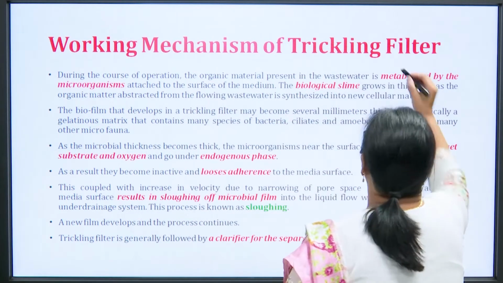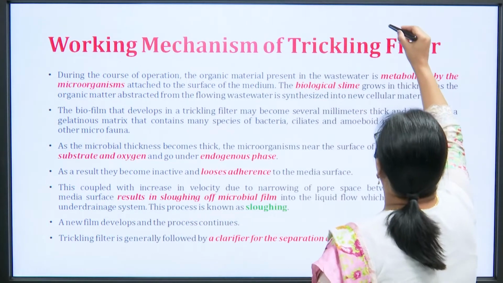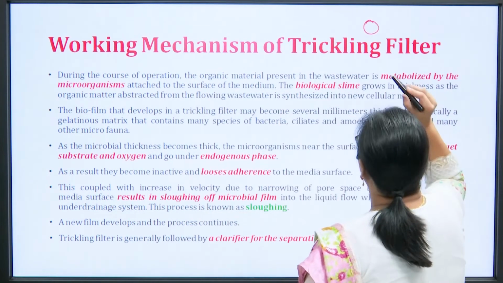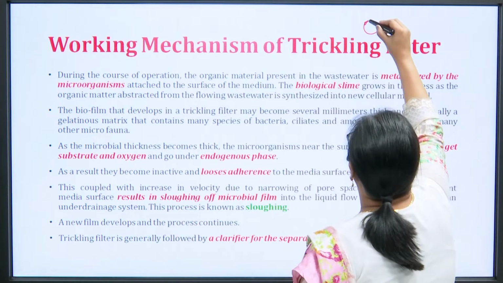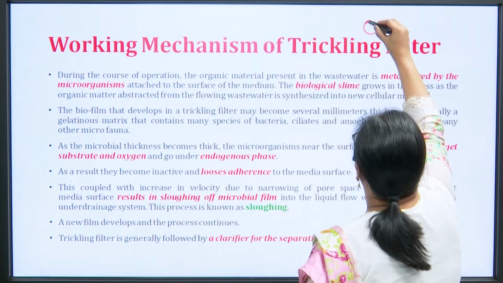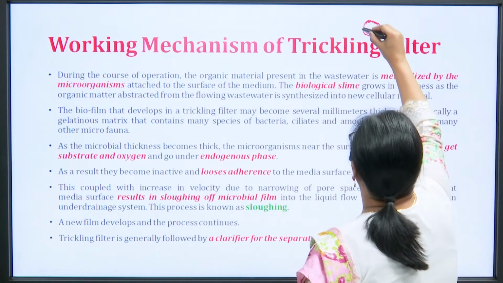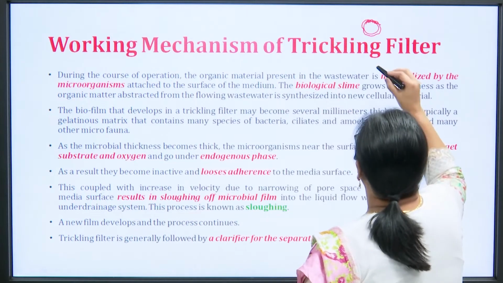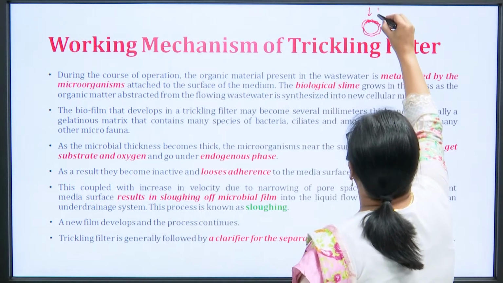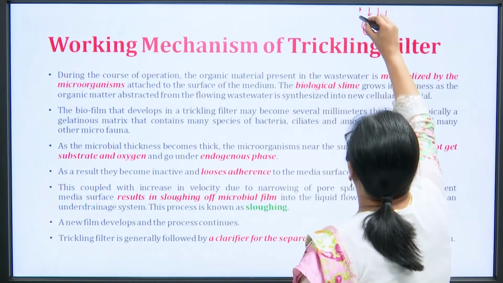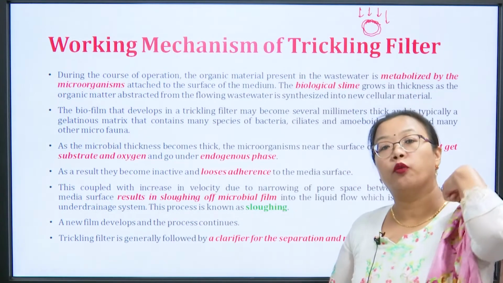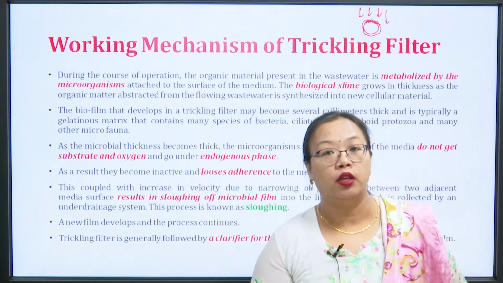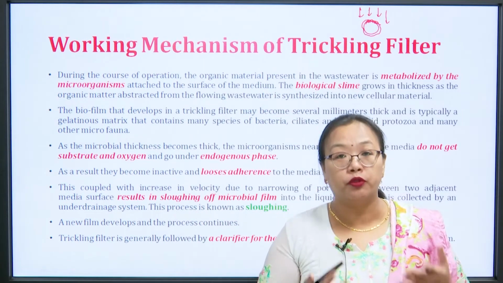So, what is happening is you have the filter media, you have the bacteria around it, and you are giving wastewater. The wastewater is going to have organic material, so it is the food for them.